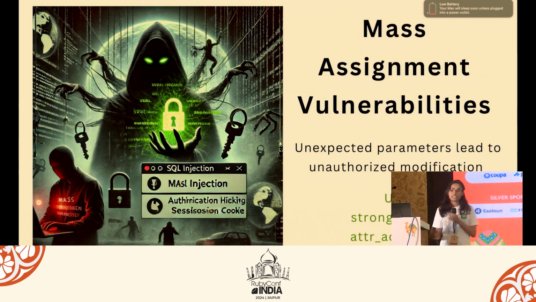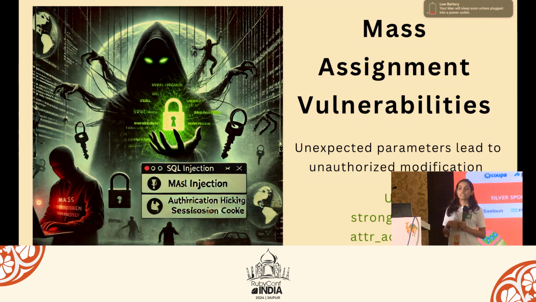Next is mass assignment vulnerabilities. How many of you have actually used mass assignment? Like, you directly use params and all of those values are stored directly into your table. Have you gone through these problems? Okay, so Rails actually supports this.